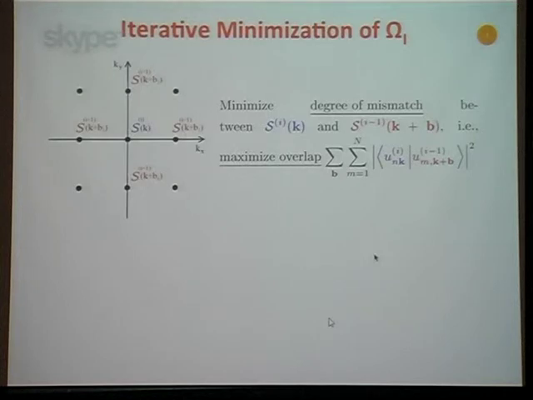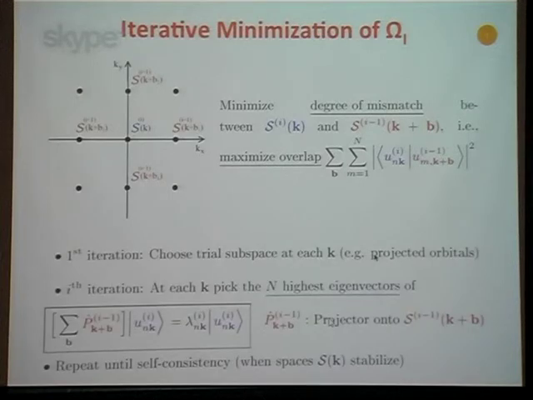I mix them together, and these matrices are not unitary anymore, but the manifold of dimension 5 that I obtain at a certain k point needs to be as smooth as possible, and it means a smoothness such that the scalar product with the manifold that I have obtained at a neighboring k point is as large as possible. That is, I've maximized the overlap.